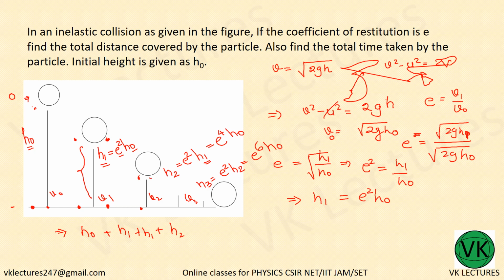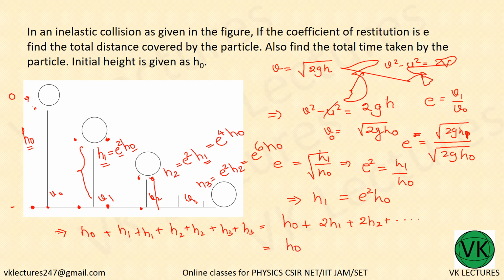Again the same distance will be covered, plus h2, plus h3, again plus h3, and it goes on. Now that is equal to h naught plus 2h1 plus 2h2 plus etc.